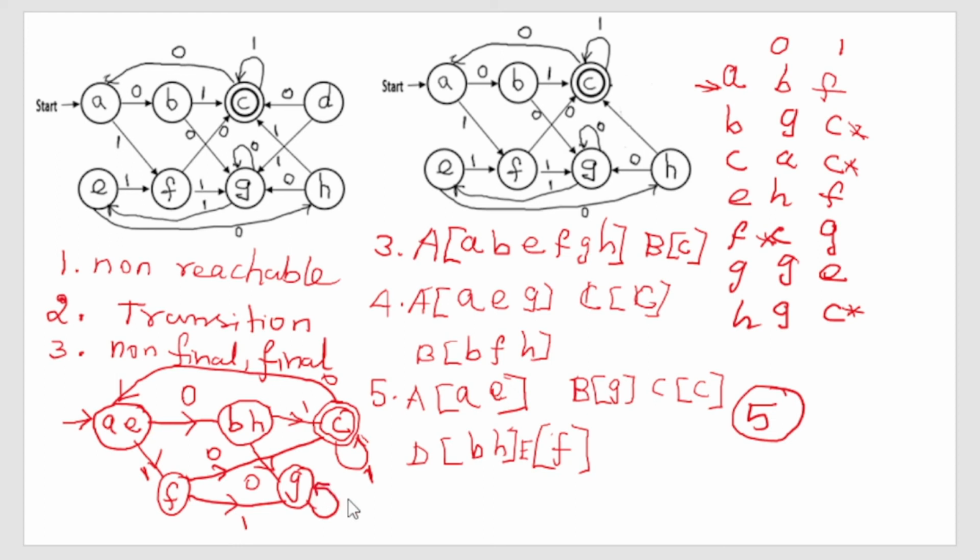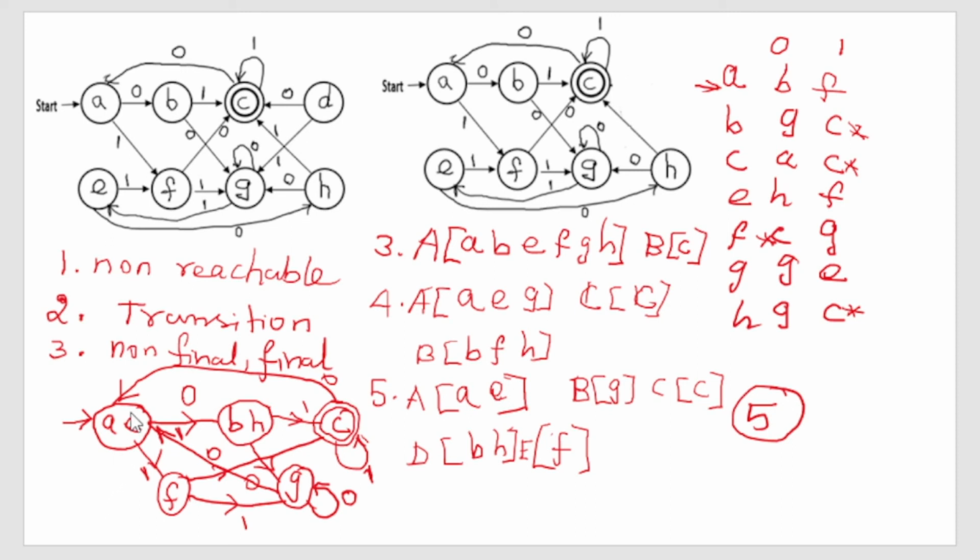So let me mark it with a looping edge 0, and for 1 it goes to AE, the first group. So this is the minimum number of states finite state automaton.